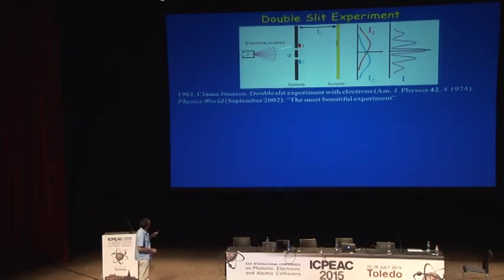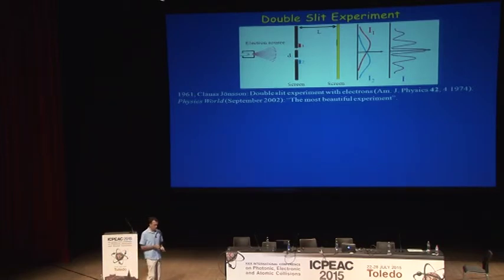What he did is he threw one electron at a time, and he observed a kind of interference pattern through a statistical collection in the measurement process. This experiment was chosen as the most beautiful experiment by the readers of Physics World in 2002.